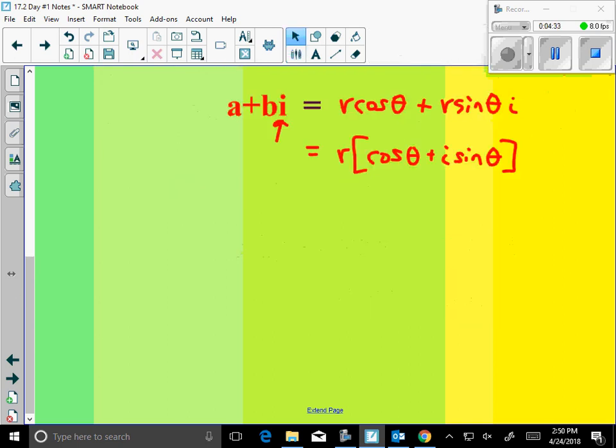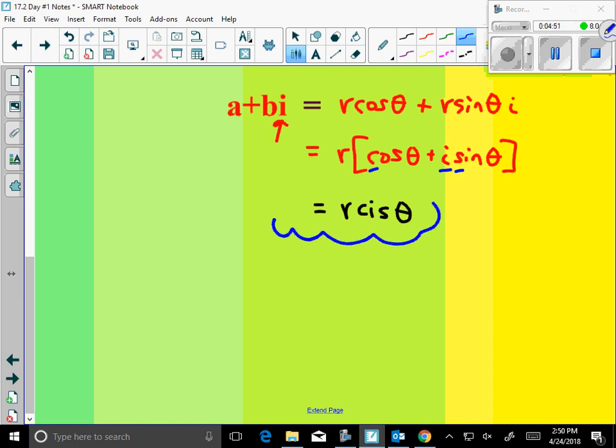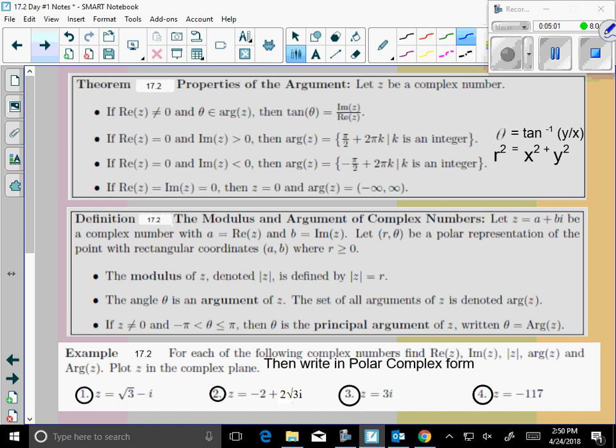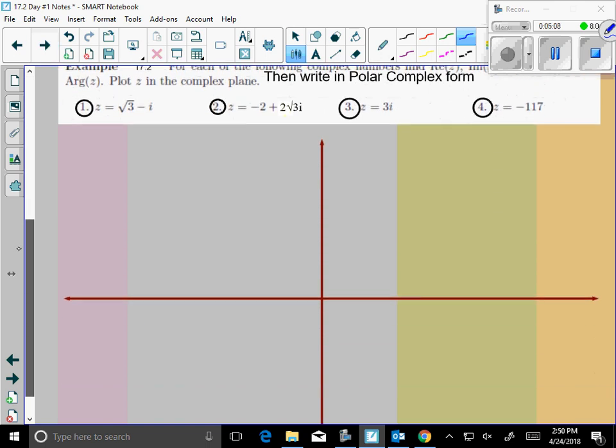And what we're able to do then, kind of like modern day language shortening to an acronym, is we call this form cis form. Where does the cis come from? Cosine, i sine. That's where cis comes from. So this is just a shortened version. We're going to skip from a plus bi form directly to this form r cis theta. All of this information right here is basically what we just talked about on the previous page.